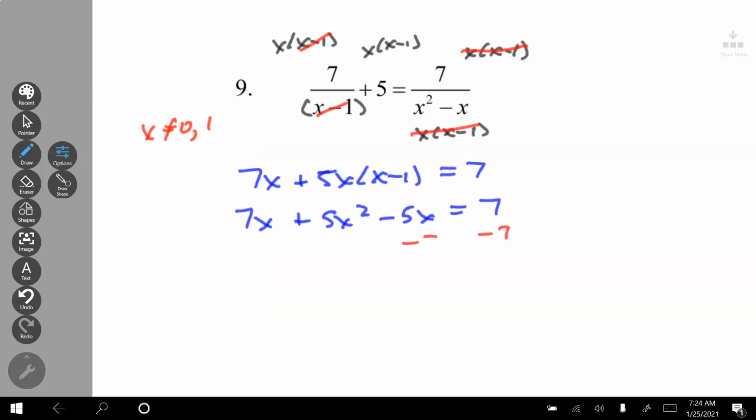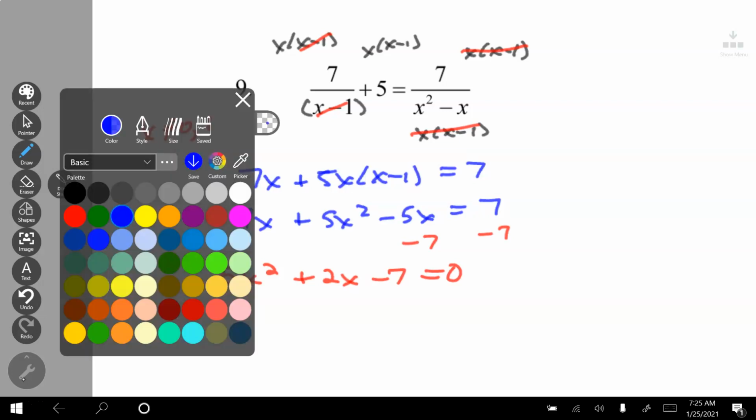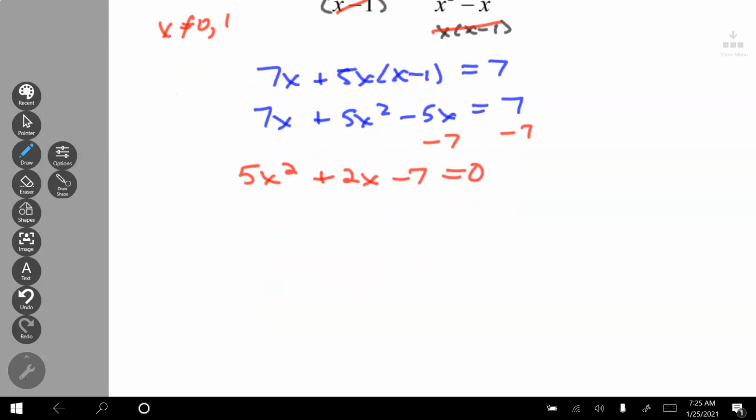I'm going to subtract the 7 over and rewrite it in standard form. 5x squared plus 2x minus 7 is equal to 0. So now I have to factor this. And, well, 5x squared is going to be a little bit more difficult. But that 7 will make my life a little easier. Not a lot of choices for 7.